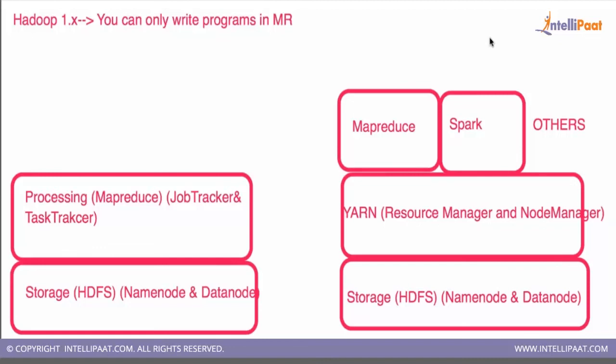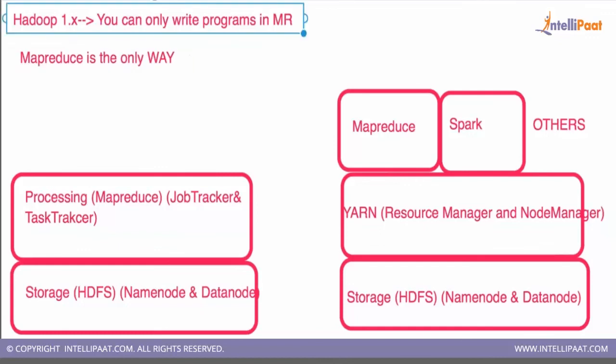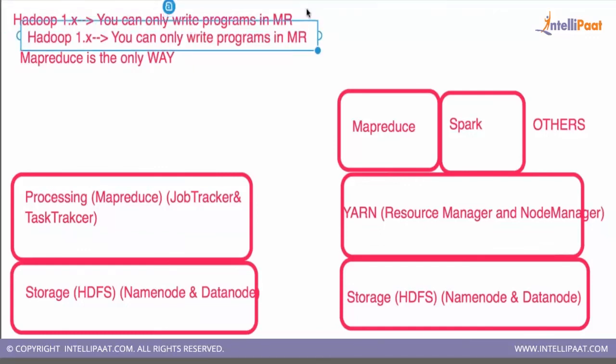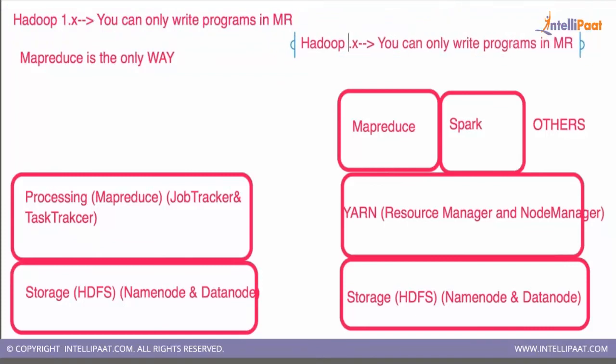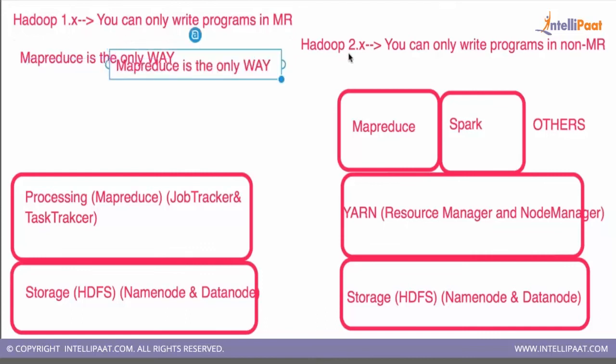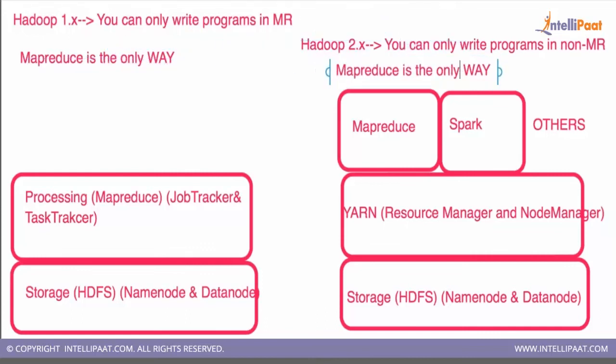What happens right now is, with Yarn, in Hadoop 1.x, but in 2.x, so guys, the keyword here is, all I want you to remember is, in 1.x, MapReduce is the only way.